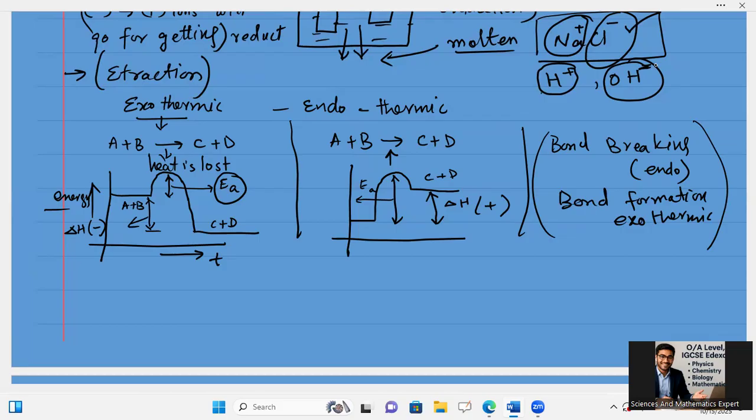Add the bond energies of the bonds in the reactants, which is energy in, and add all the bond energies of the products, which is energy out. So calculate the energy change: delta H equals energy in minus energy out.